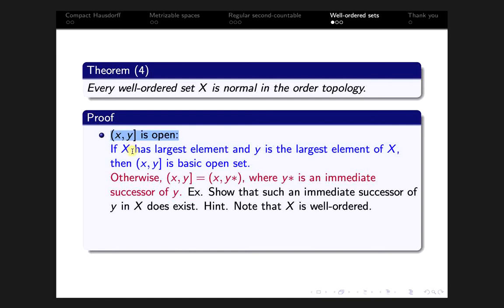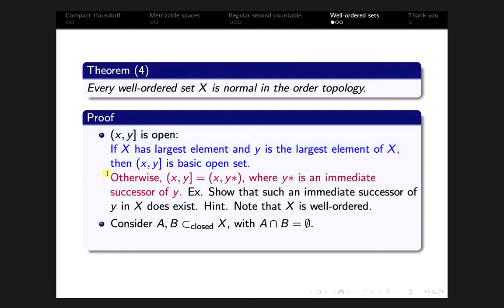That would contradict that X is a well-ordered set. So here we apply that X is well ordered. Anyway, this is the fact: (x, y] is an open set in the order topology on X.